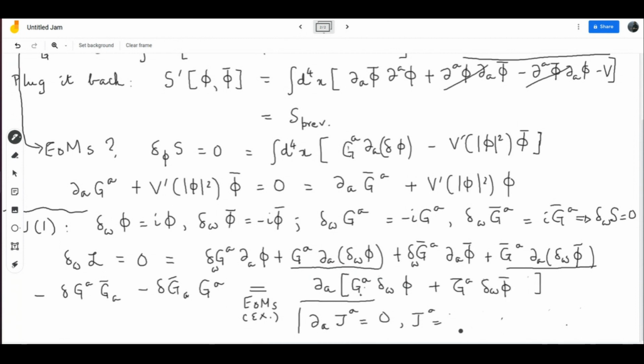So J^A is now G^A delta omega phi plus G bar^A delta omega phi bar. I'm not plugging in the delta omegas yet, for reasons that will become clear in a second. This is our J^A now.